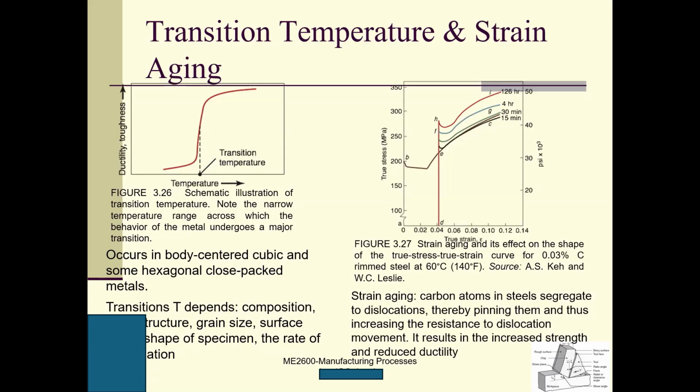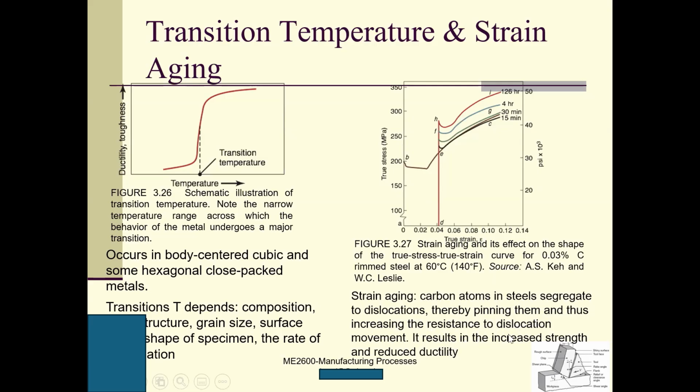Another concept is strain aging. Here is true strain, and this is true stress. Strain aging means carbon atoms in steels segregate to dislocations, thereby pinning them and thus increasing the resistance to dislocation movement.